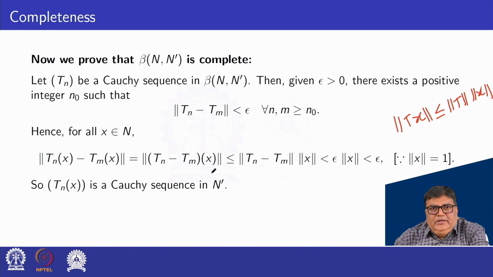So as per this definition, we can write this as less than or equal to norm of Tn minus Tm into norm x, which is less than epsilon into norm x, because norm Tn minus Tm is less than epsilon. Also norm x is equal to 1 or less than or equal to 1. So this is less than epsilon. So Tnx is a Cauchy sequence in N'.